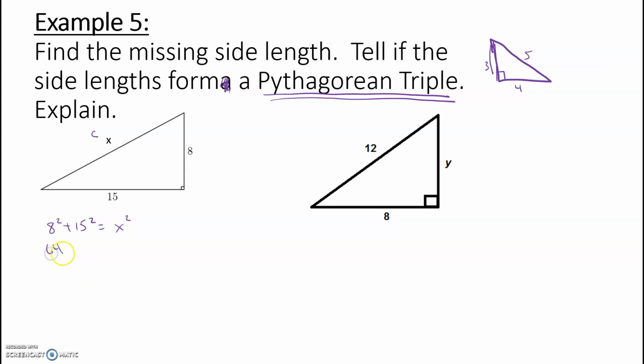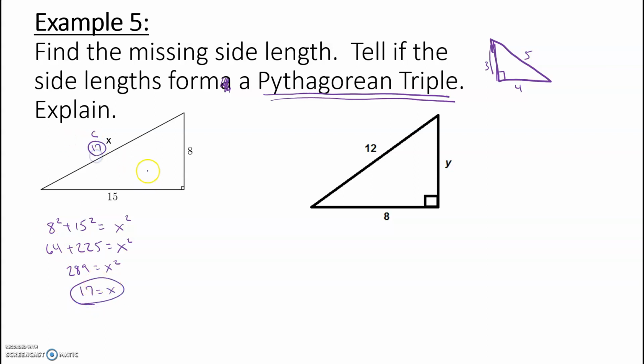So we got 64 plus 225 equals x squared. And then we're going to combine like terms. So we've got 64 and 225 makes 289. And your last step is to take the square root, and the square root of 289 is 17.